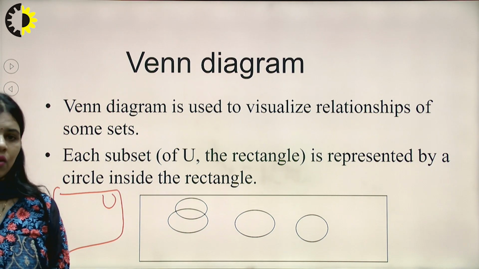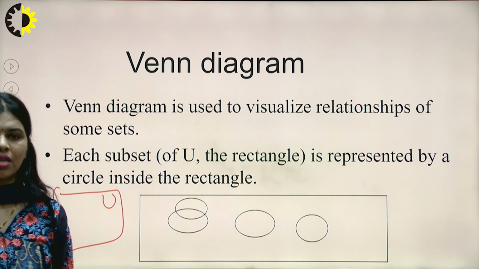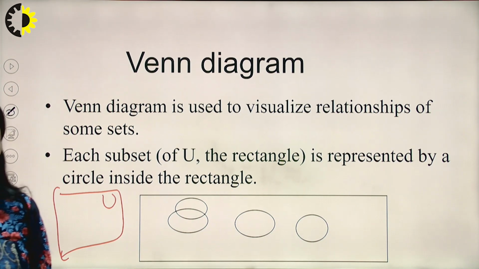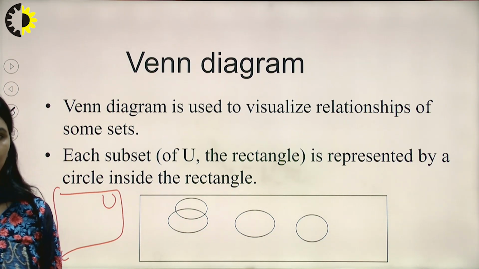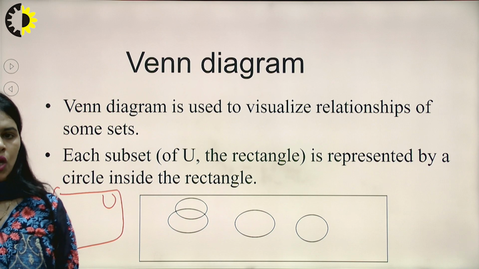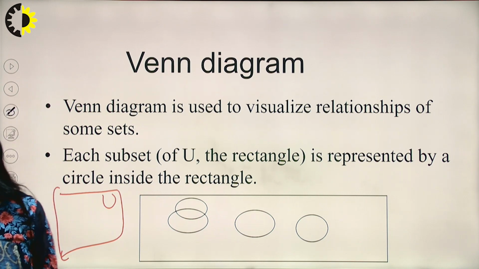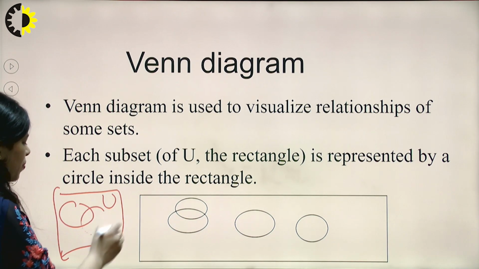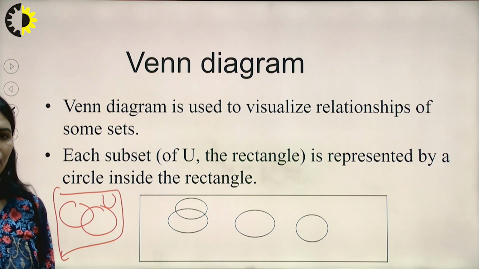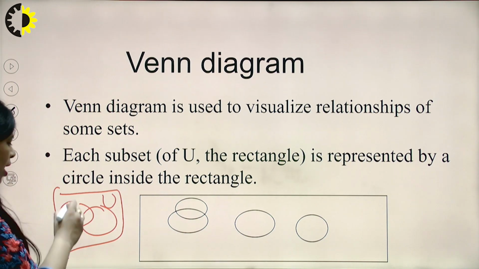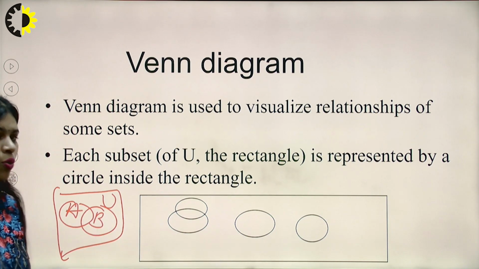And what do you mean by universal set? The universal set is a collection of all the elements. Now we have to represent some sets like set A and set B, and consider the relationship between them, so we use the Venn diagram.